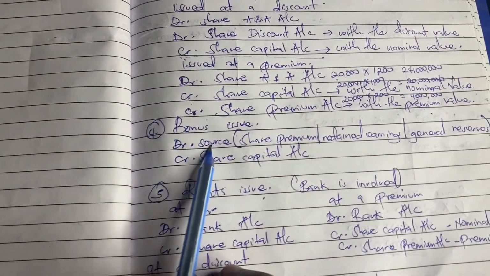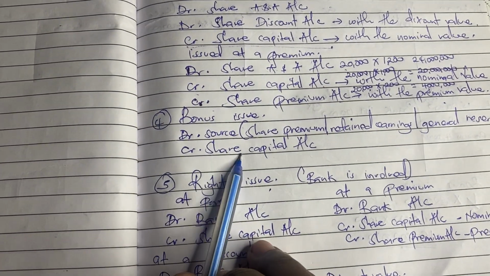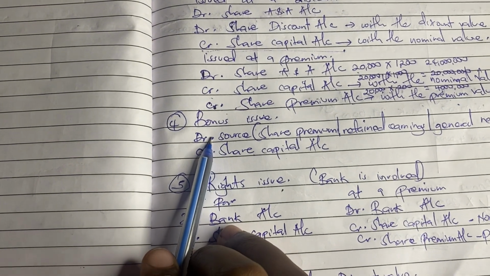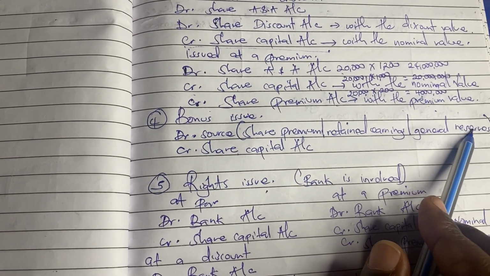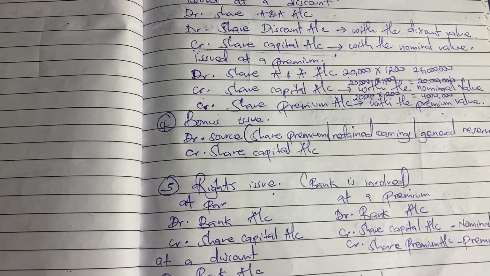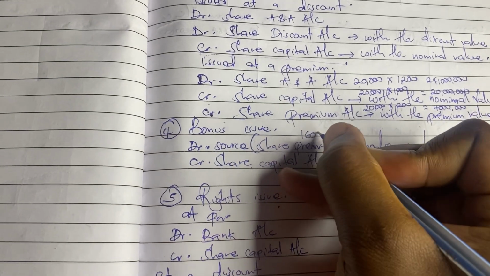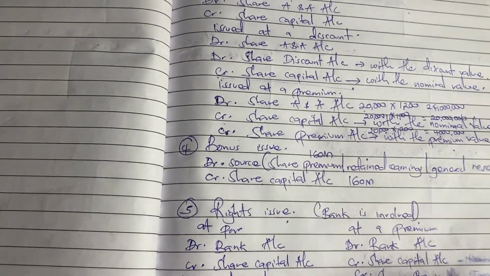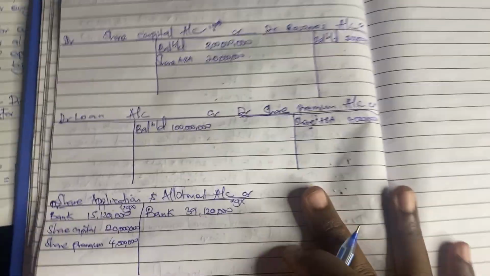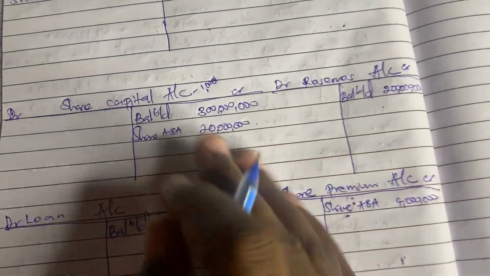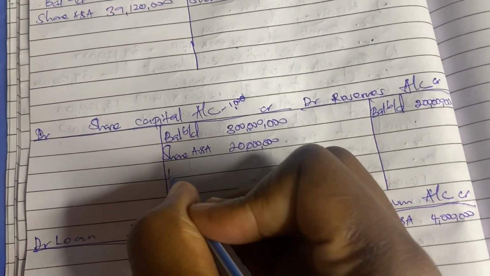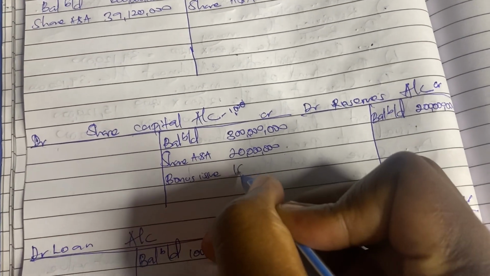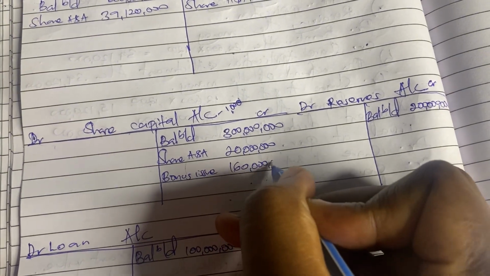We debit the source and credit share capital account. So this time they told us that the money is being gotten from the reserves account. So we debit the reserves account with 160M and credit the share capital account with 160M. So we come here, share capital account, we write bonus issue 160 million.